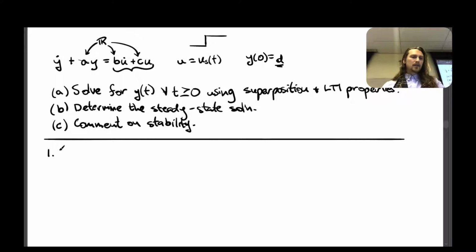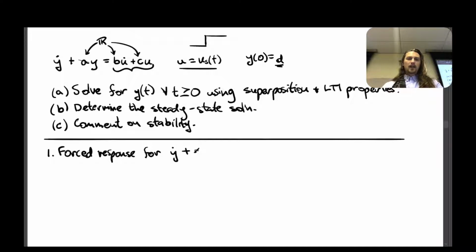So let's solve for the forced response, for, let's say, instead of this whole forcing function, let's just take u. Let's just take this step input and make it the forcing function for a moment, okay?